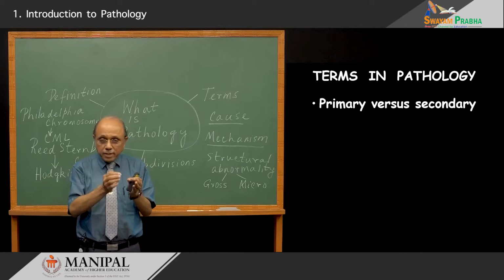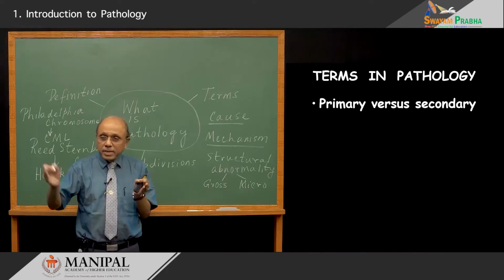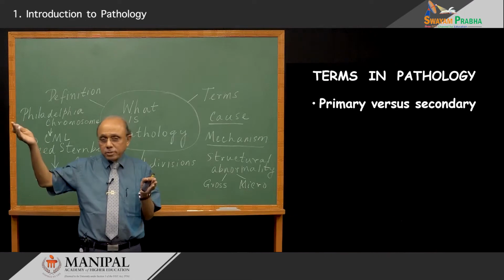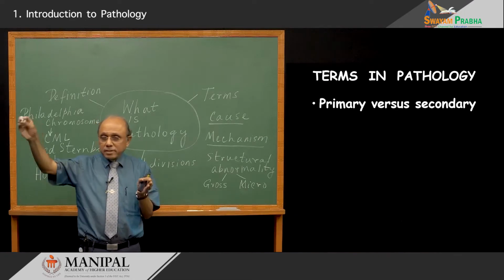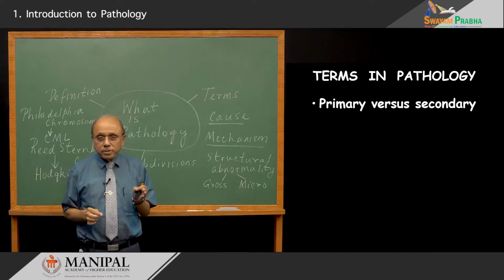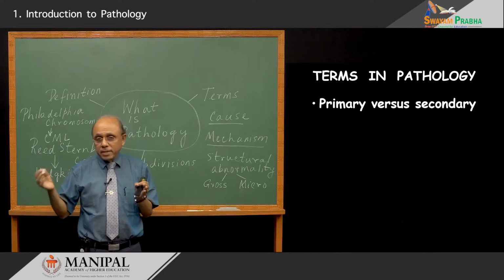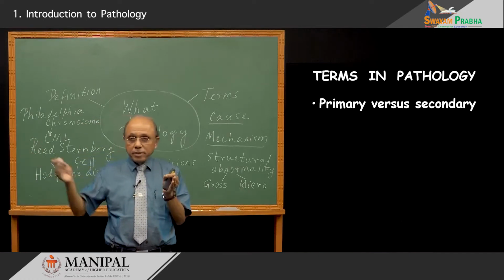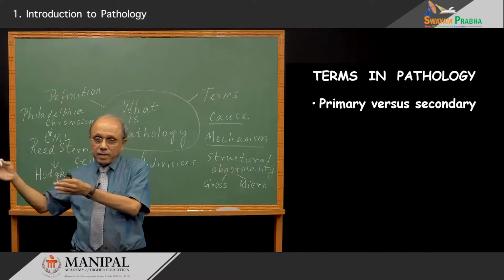When the tumor has broken off or been carried in circulation or in lymphatics and taken to another part of the body, that deposit is sometimes called secondary deposit. It is the same as metastasis, that means it has got located elsewhere. So, the primary tumor and the secondary tumor.